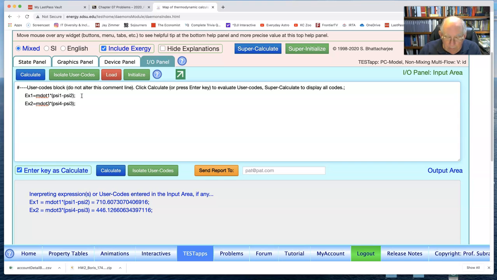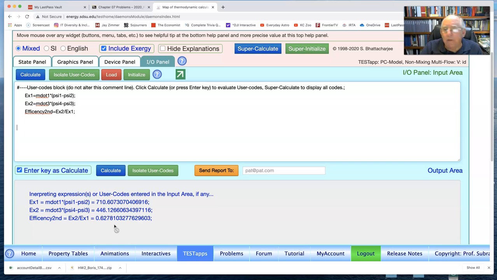And so my second law efficiency, I can call it eta second, is now equal to just X2 divided by X1. And so my second law efficiency is simply 62.8%. And so 62.8% of the exergy that was lost in that upper stream was picked up by the lower stream.